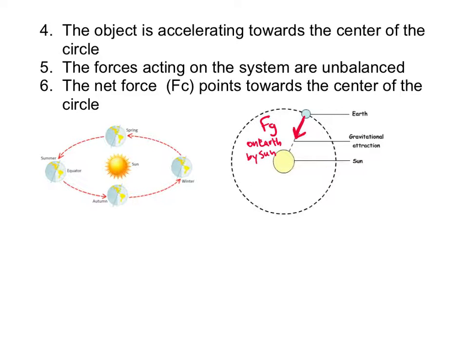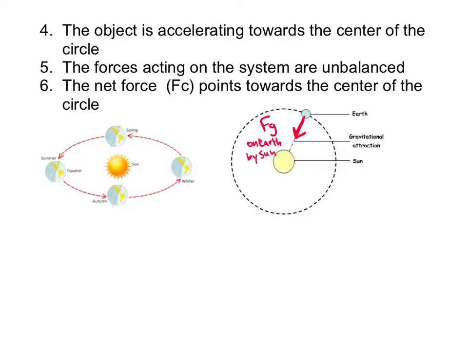And at all times, that force points towards the sun. It's also the net force. So that's about problem number 6, where we're talking about the net force, or the centripetal force, always points towards the center of the circle.